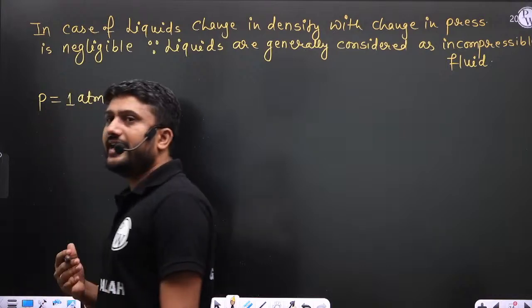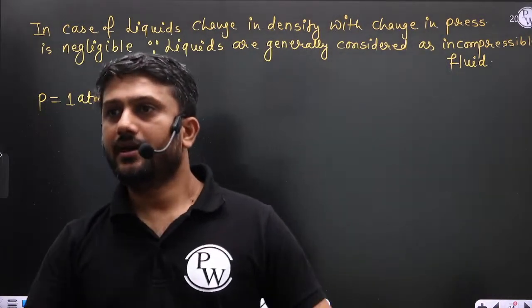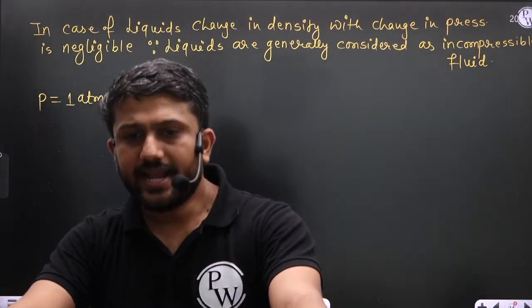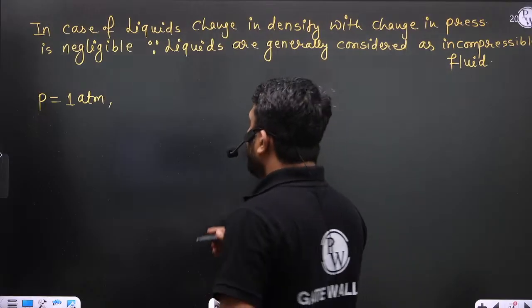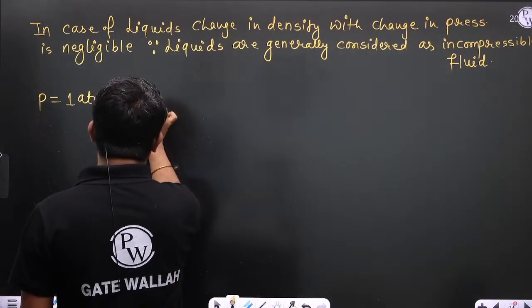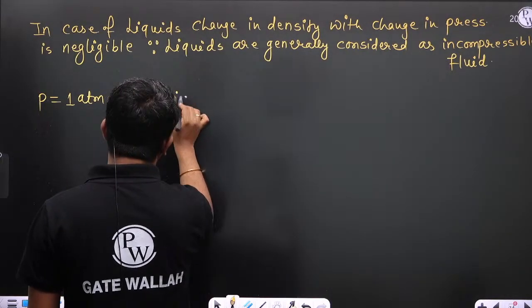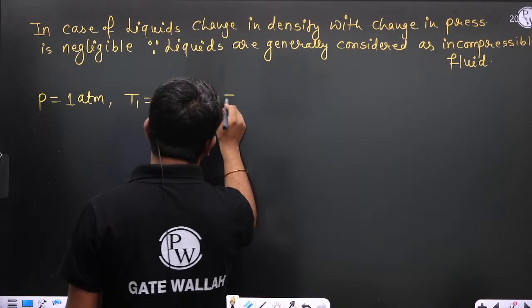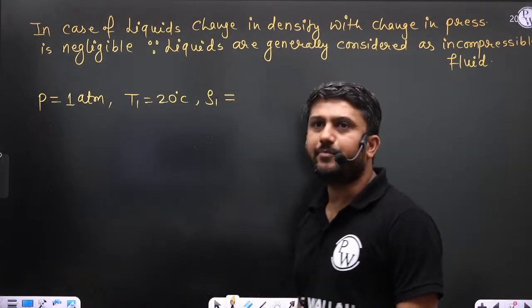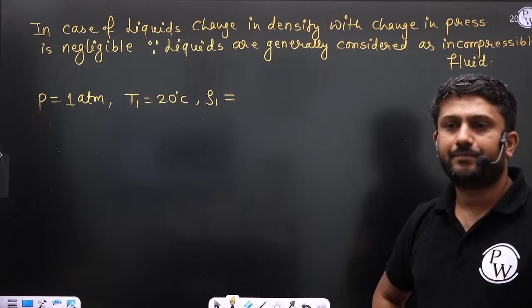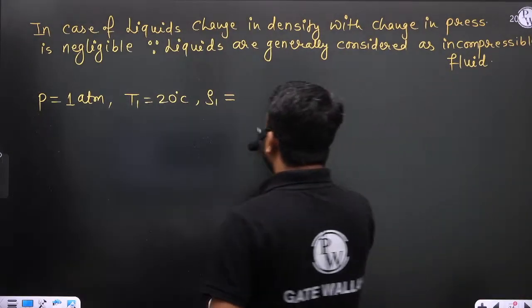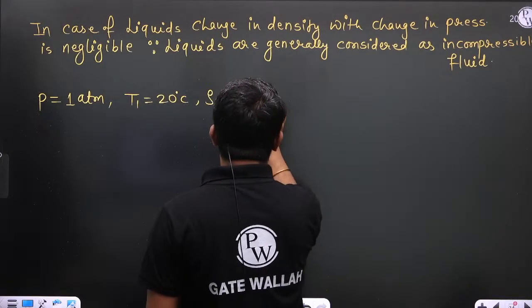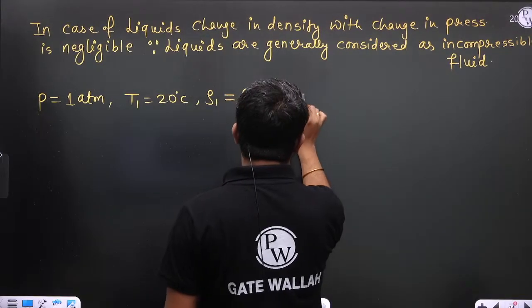When pressure is 1 atmospheric pressure and temperature is 20 degrees Celsius, at this point, density is 998 kg per meter cube.